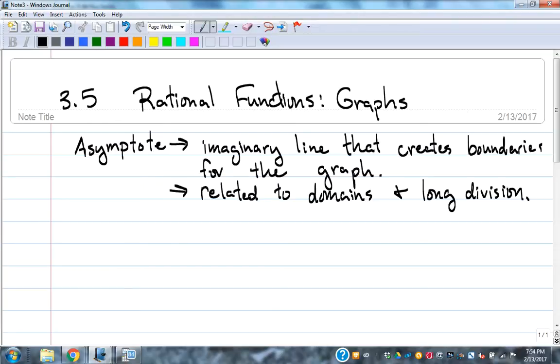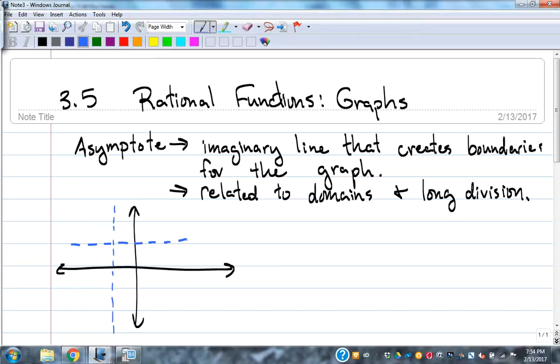But an asymptote is this dotted line that's going on. What it's going to look like is you may have this graph of some rational expression, and it's got a vertical asymptote there, and maybe it's got a horizontal asymptote here. And what it does is it creates this boundary for the graph to do something like this.